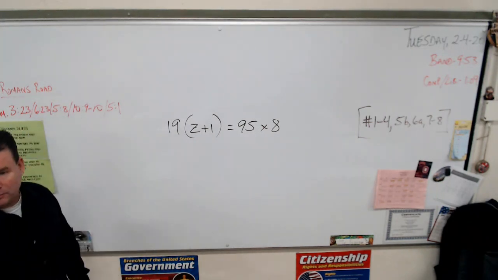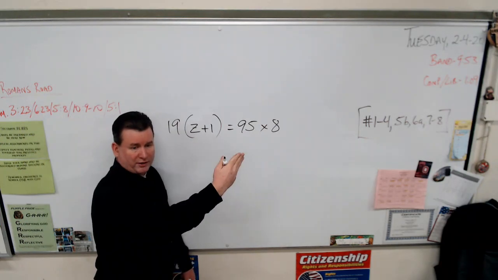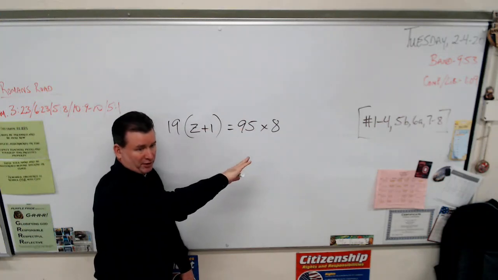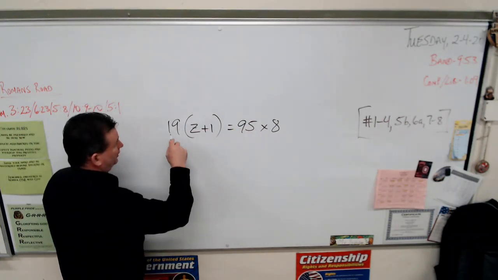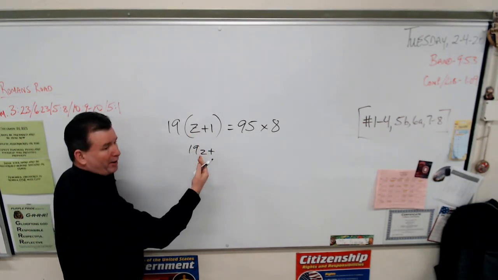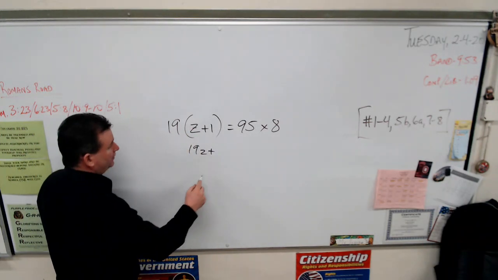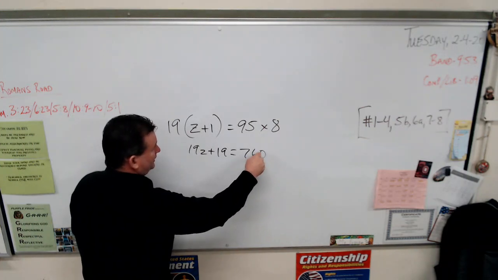Because there's going to be times later when there's more than 2 terms in here. As you progress in algebra, you're going to get 2, 3 or 4 terms in there. A lot of times 3. So I distributed everything in there. 19 times z, 19 times 1. Why am I writing positive? Because it's a positive 1. It was a positive z. What's 95 times 8? 760.